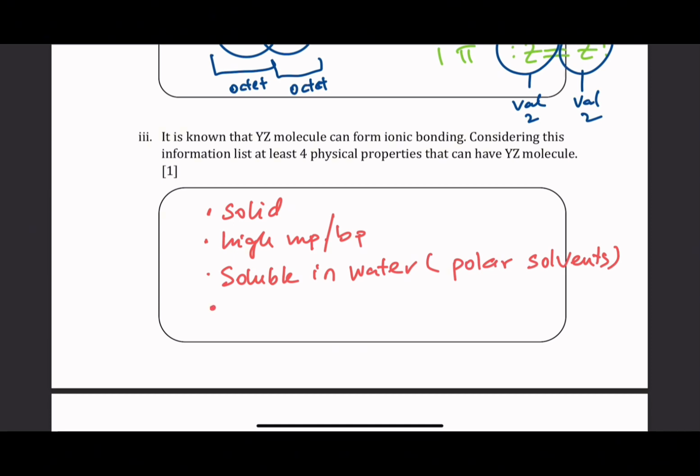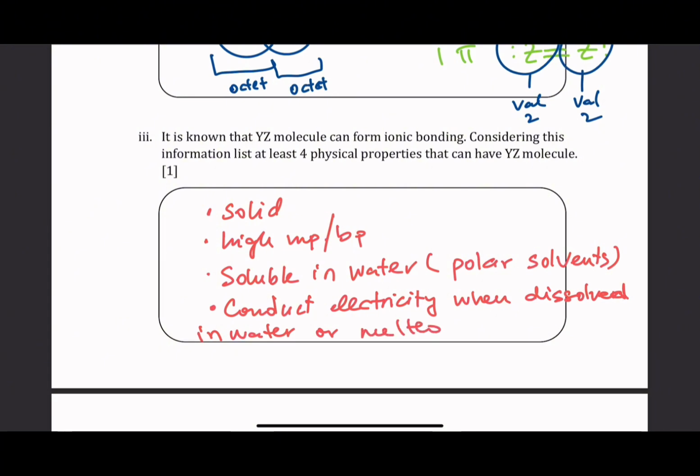And then you can say that they conduct electricity when dissolved in water, or melted. When it's melted, you can say this. Also, you can say it has a crystalline structure. So all this stuff is going to be the physical properties of the ionic bonding.